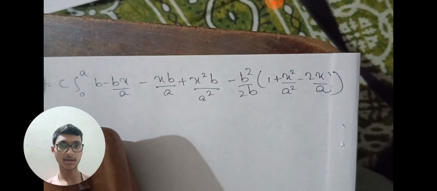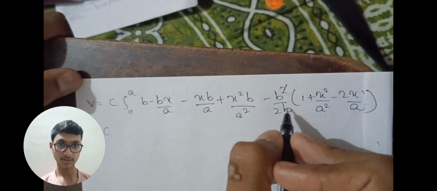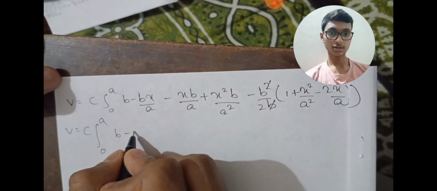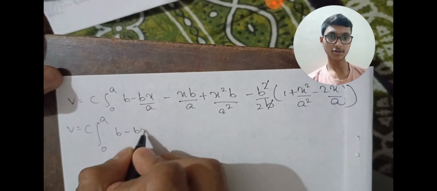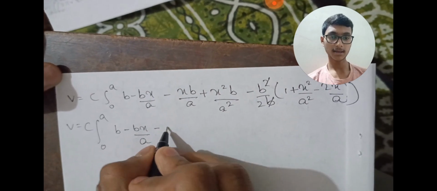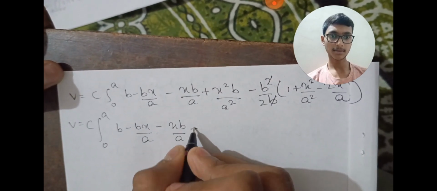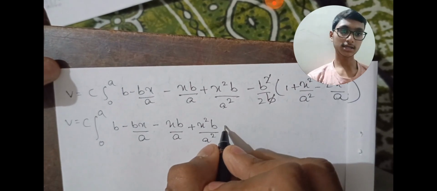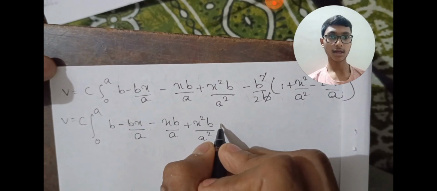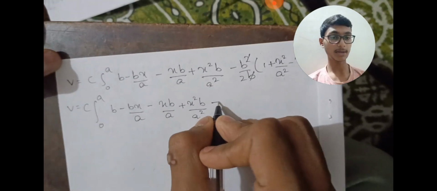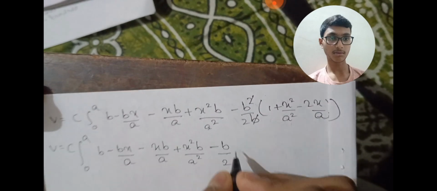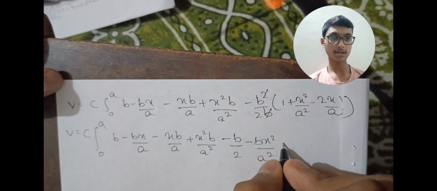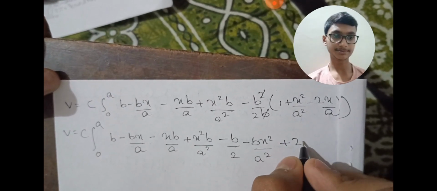So this is the simplification. Now v is equal to c into integrating limit 0 to a of b minus bx by a minus xb by a plus x square b by a square. Now let us remove the brackets and multiply b by 2 inside the brackets. So b by 2 minus bx square by 2a square plus bx by a.